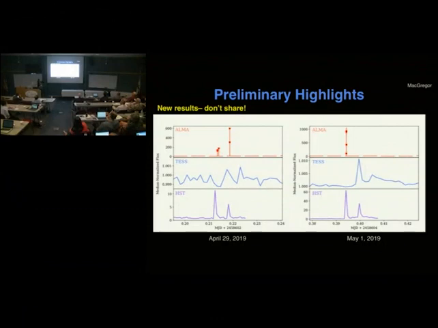So these are 2 events that kind of stuck out in which we've been able to get both the ALMA data at the millimeter, the TESS data from TESS sector 11 in the optical, and then HST in the UV. So this happened on April 29th and May 1st. I think they're really cool just to look at because we actually have all these telescopes running at the same time, which is something we've never done before. So there's some interesting things that you can see by eye just looking at these.